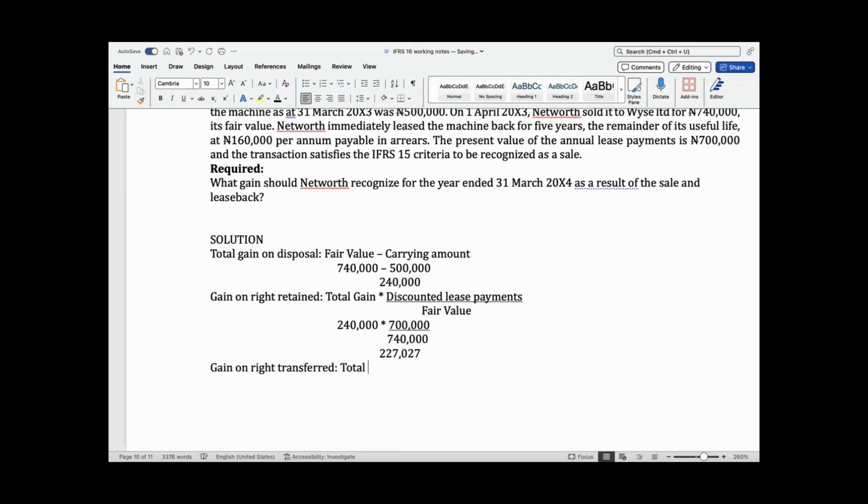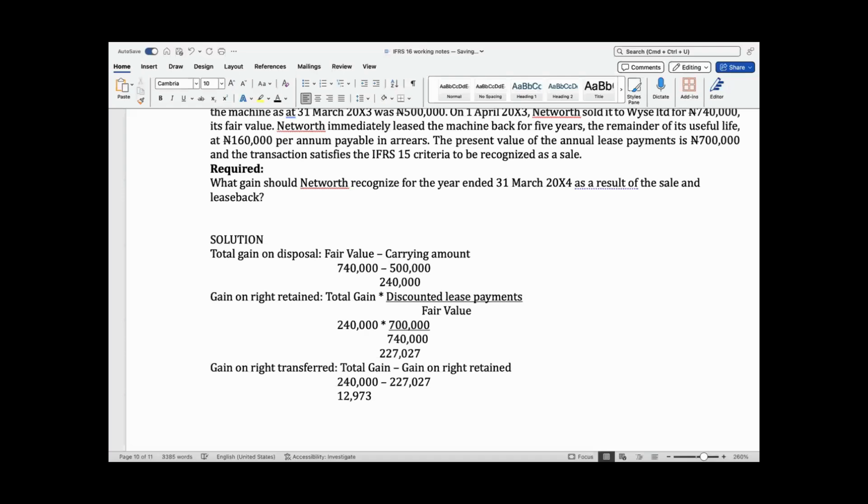which is total gain minus gain on rights retained. The total gain is 240. The gain on right retained is 227,027. And the gain on right transferred is 12,972.